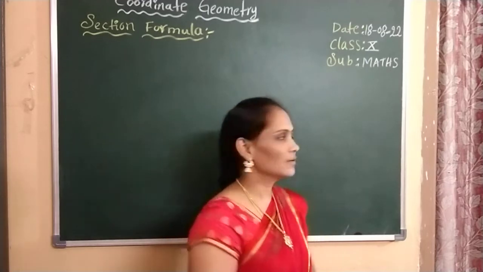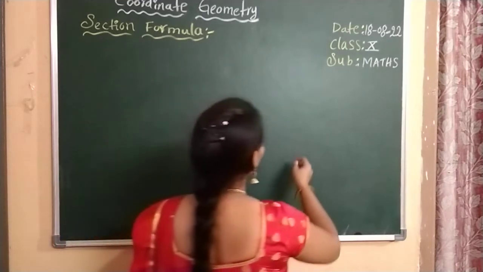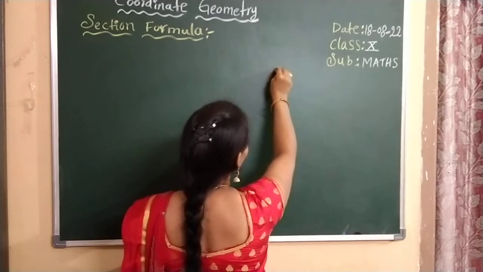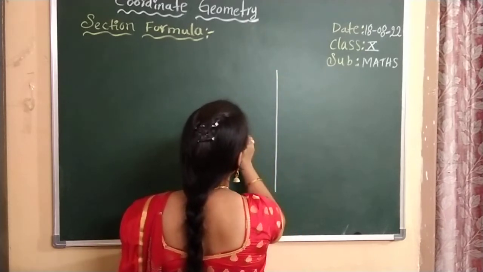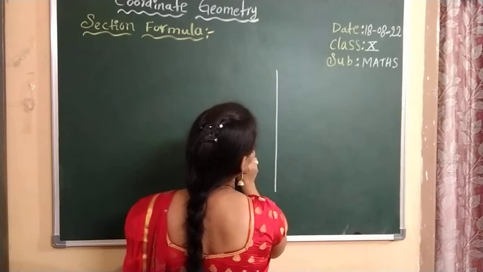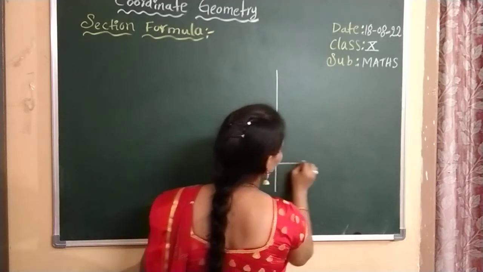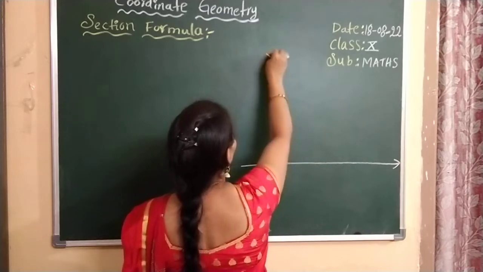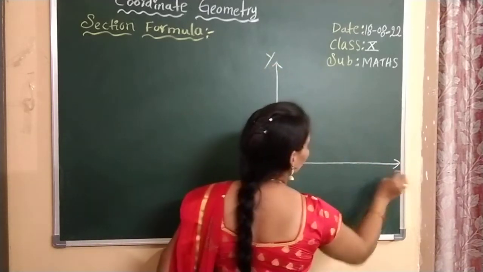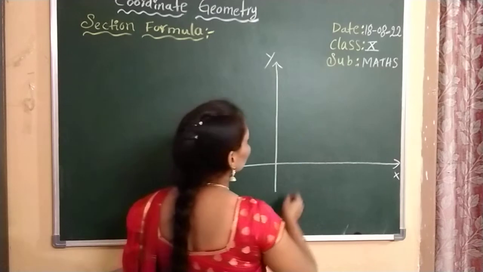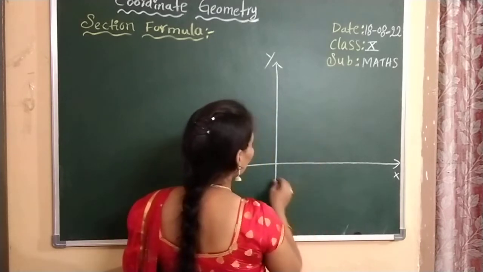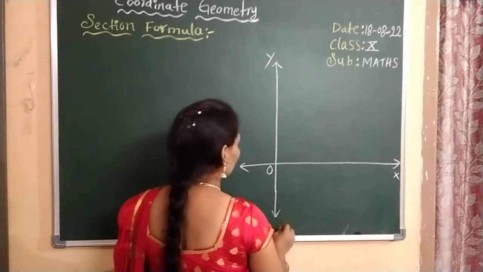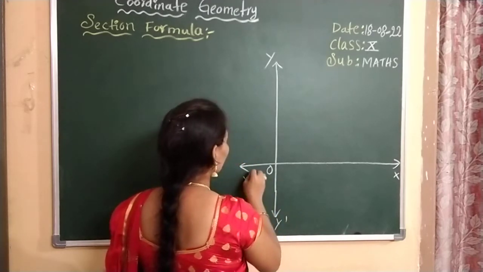Now let us see. Take the xy plane. This is the x-axis. This is the y-axis. In this xy plane, this is y dash, x dash.